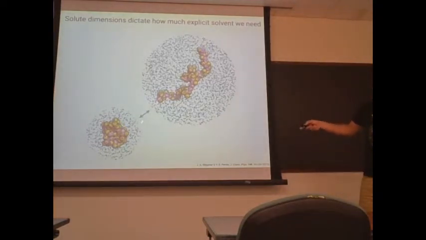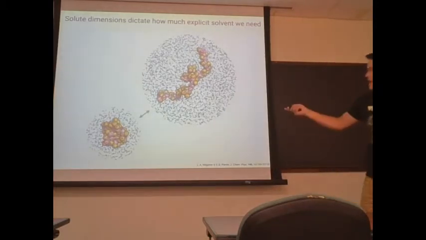You can see that if you want to model this transition between this closed state and this kind of extended state, then you probably can't have just this amount of water, because if it later transitions to this extended state, you need enough water to accommodate the transition. Otherwise, this will stick out of the box. Okay, we'll come back to this diagram.